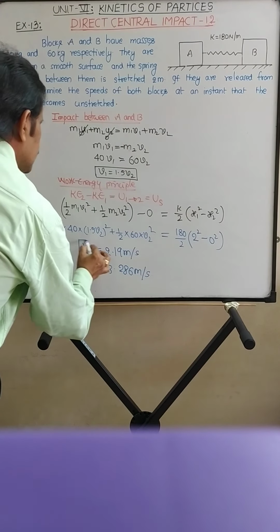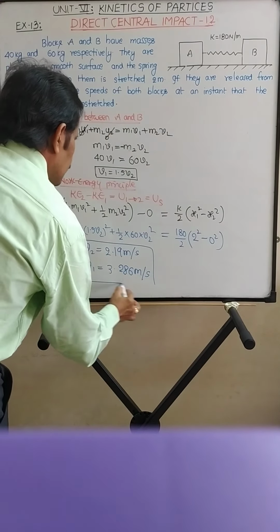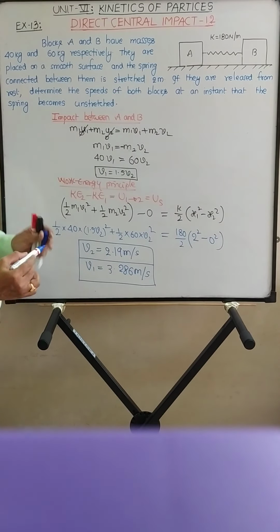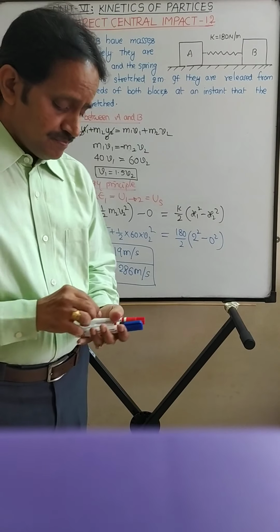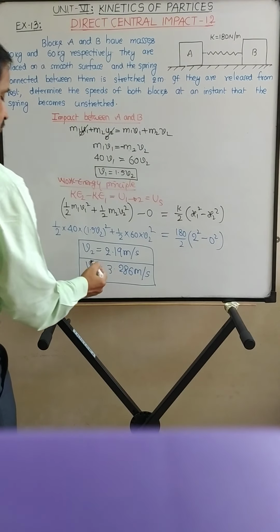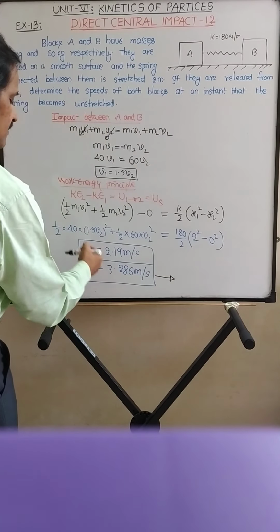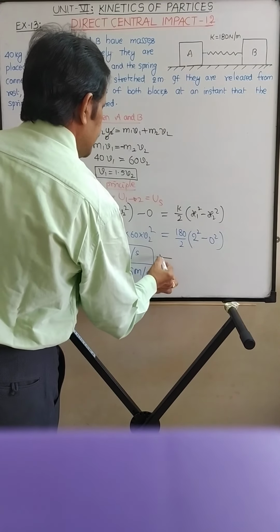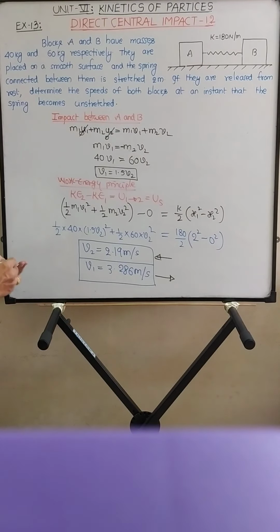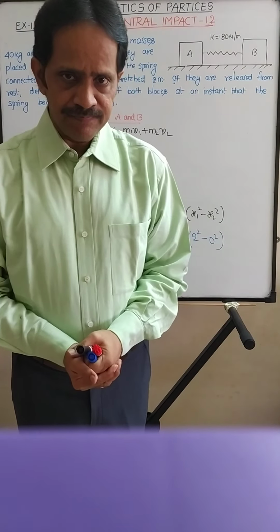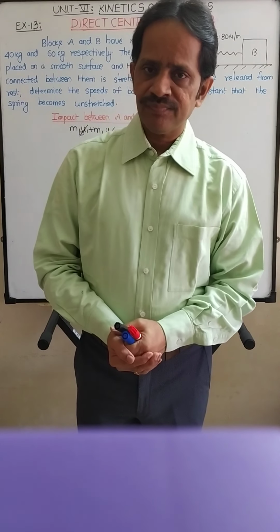So these are the velocities of the blocks B and A after impact. So the velocity of block A, that is V1, is towards right, and the velocity of block B, V2, is towards left. So both are moving in the opposite direction. Understood? Thank you.